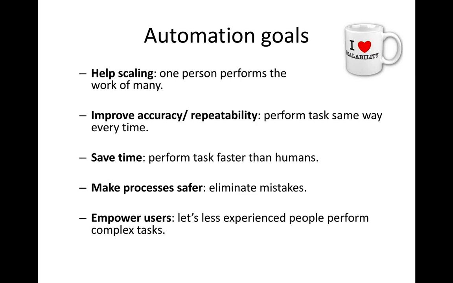I automate tasks to save time. If we have a system that is running a software process that's automating some sort of task, the system's going to be able to perform that task much faster than a human being who has to type in information and data manually.